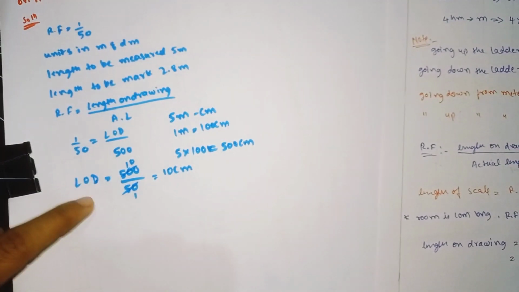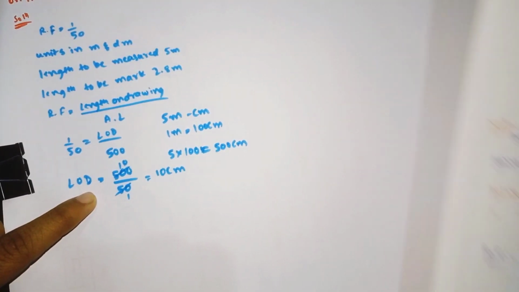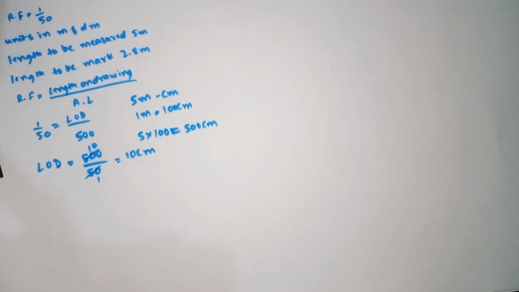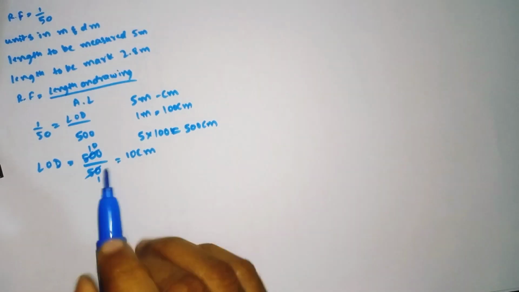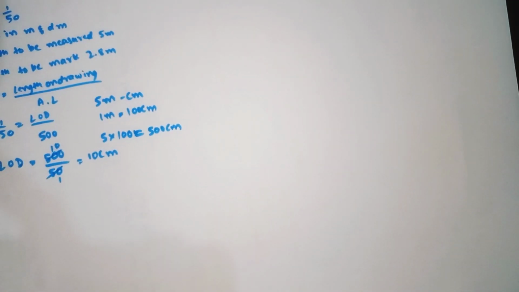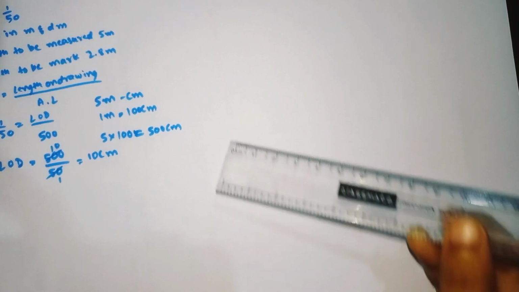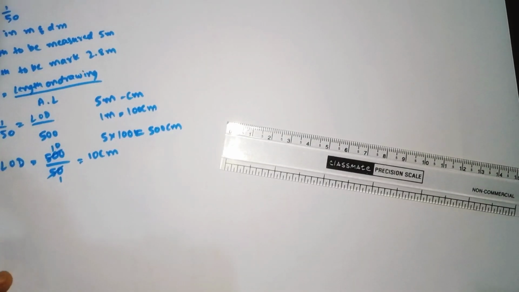This is how we need to find the length of drawing. So now next, we got the length of drawing is 10 centimeter. For that we need to draw the 10 centimeter line by using our normal scale, or you can use the roller scale also if you want, by using the pencil.